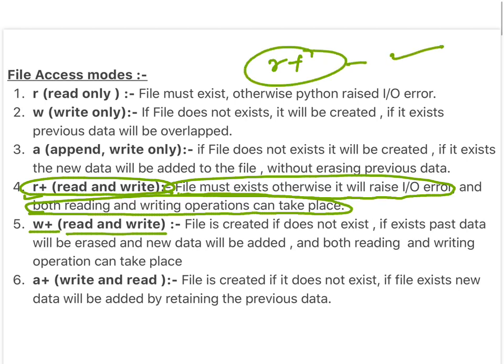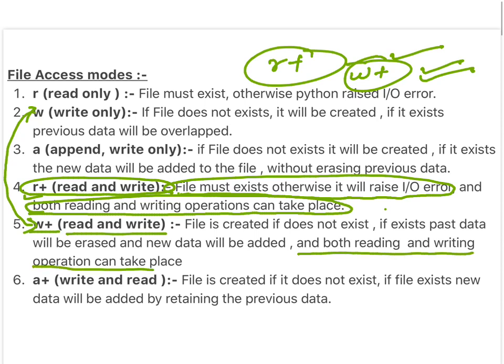The file should be there. But when you are opening in W plus mode, if file is not there, it will be created. And if file is there, the data will be overwritten. This W plus is similar to W, but the only difference is it's working for both reading and write operations, while W is only for write operation.